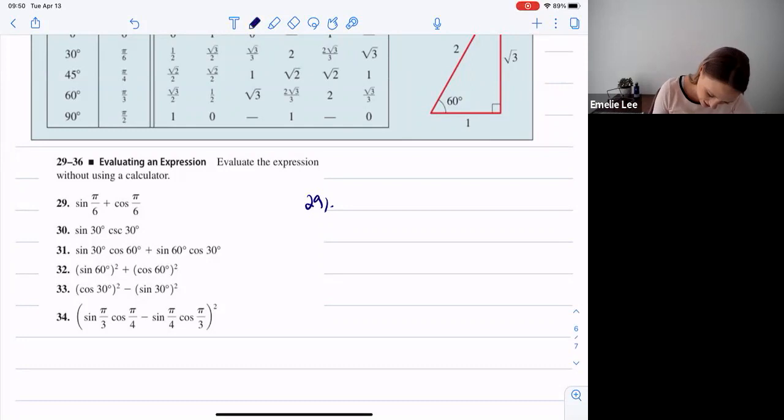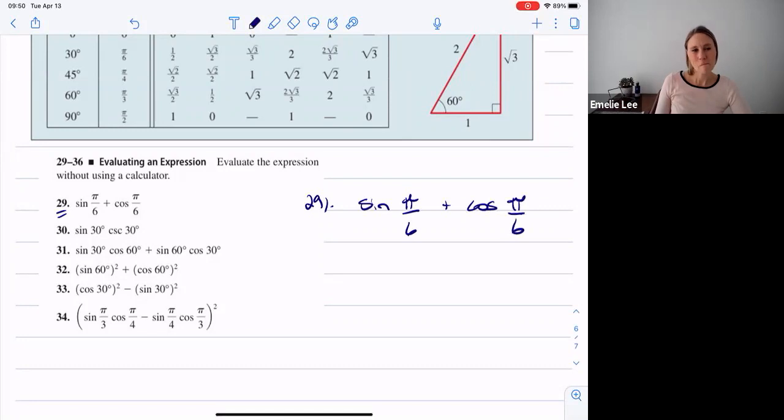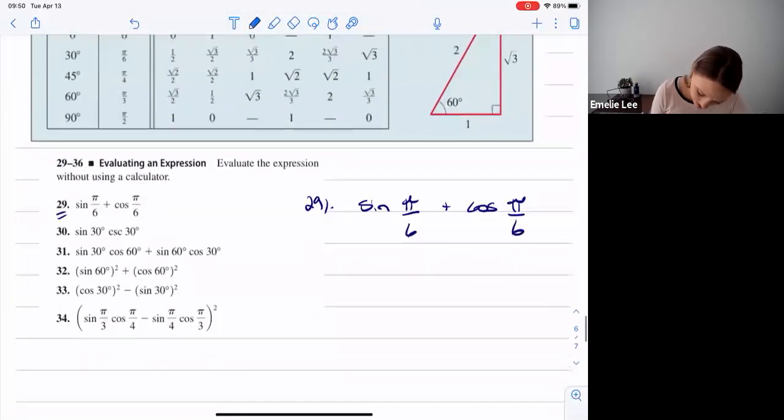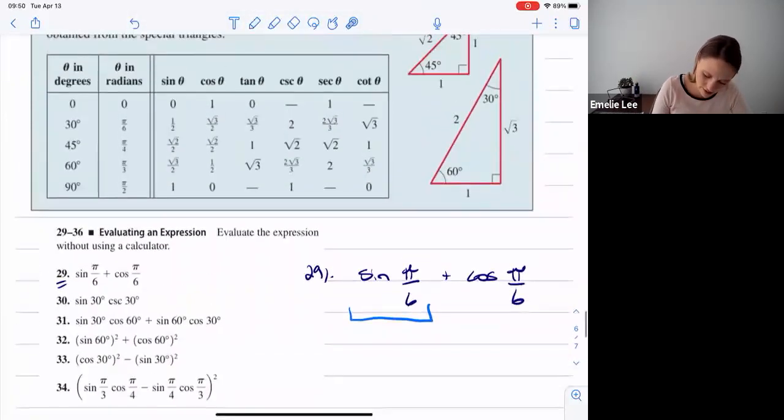Okay, so let's do 29, which is the sine of pi over 6 plus the cosine of pi over 6. Regardless of how we get there, unit circle or special triangles, the sine of pi over 6 is what? Pi over 6, the sine is 1/2. Okay.